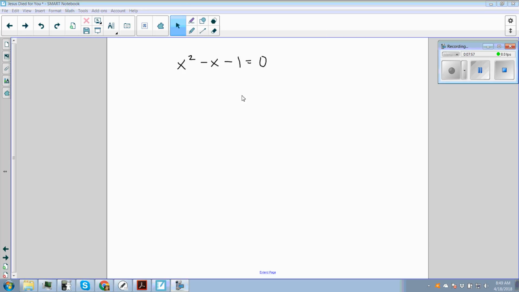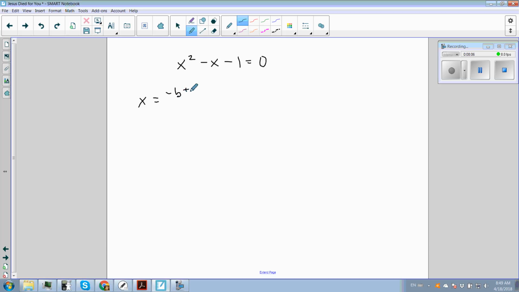Okay, x squared minus x minus 1. Okay, we know that x equals negative b plus or minus the square root of b squared minus 4ac all over 2a. And a in this quadratic equation is the coefficient of x squared, which is 1. B is the coefficient of x, which is negative 1.